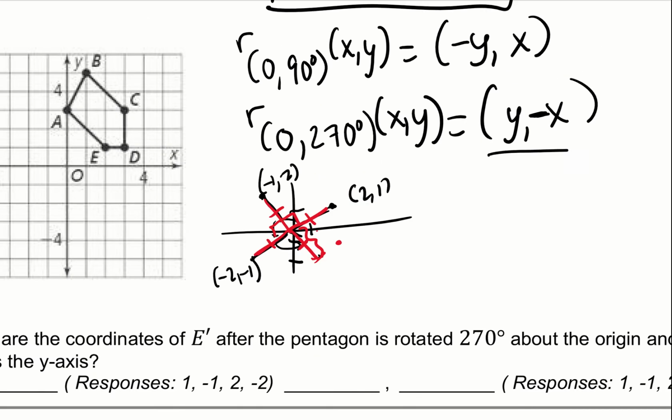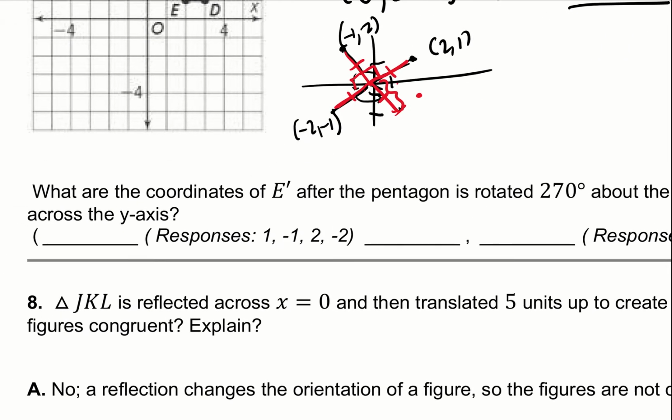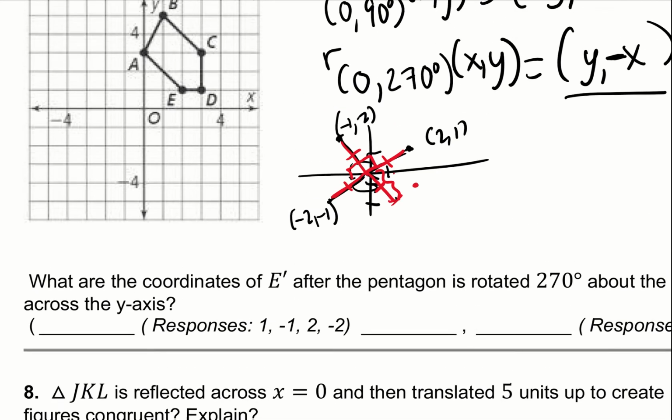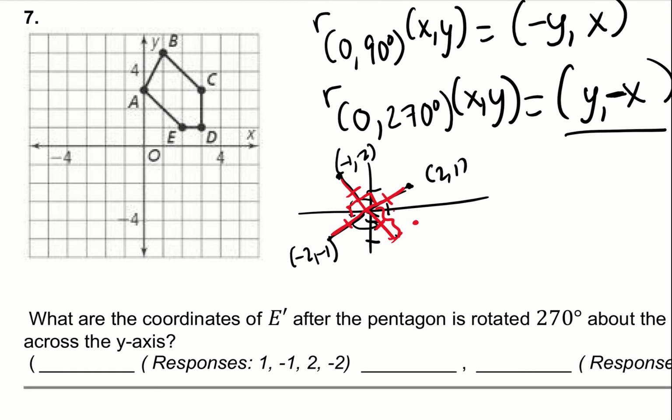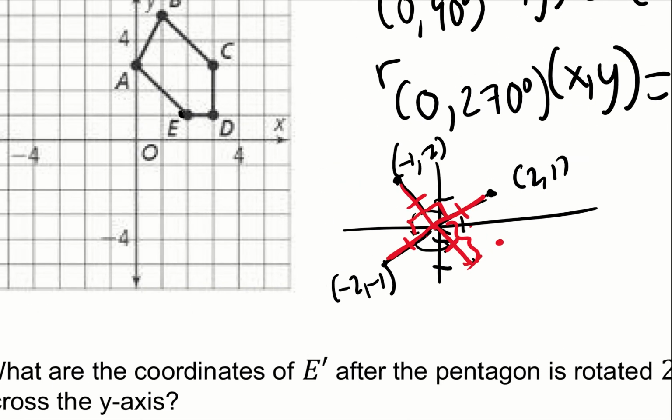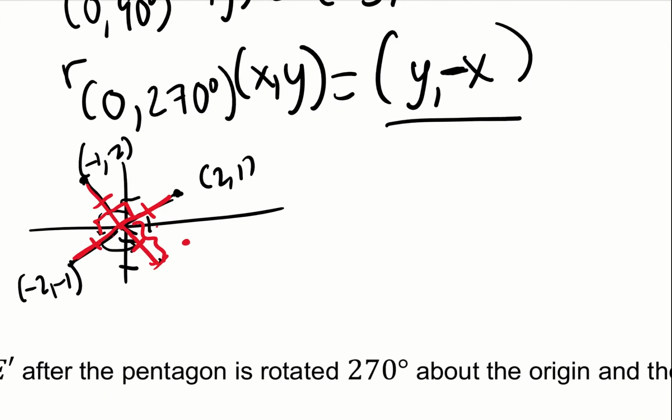In any case, we got the rule for rotation, so let's use it. The coordinates of E prime after it's rotated 270. The coordinates of this are 2, 1. Let's put it through the transformation.